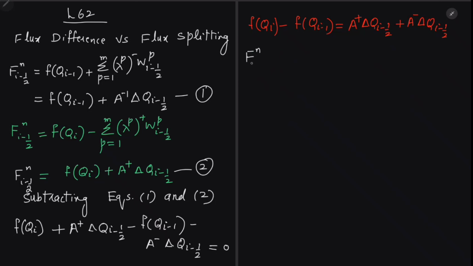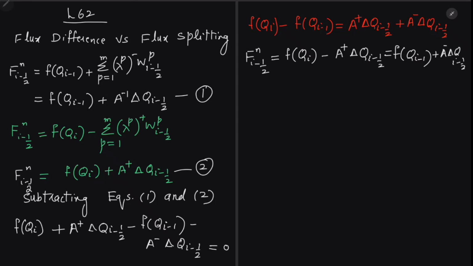So we have F n at i minus 1 half equal to f of q i minus a plus delta q i minus 1 half, and this should be equal to the flux at q i minus 1 plus a minus delta q i minus 1 by 2.